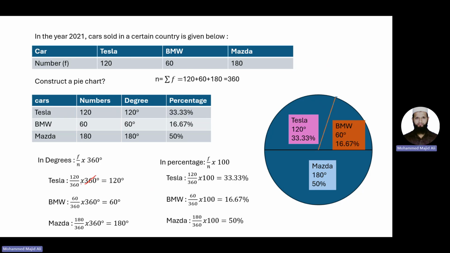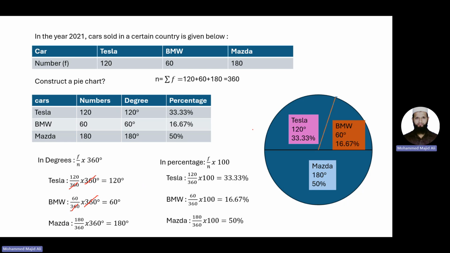This will get cancelled. We'll get how much? 120 degrees. Same way for BMW, frequency is 60. So 60 by 360 multiply 360 degrees. We can cancel this. This will be equal to 60 degrees.